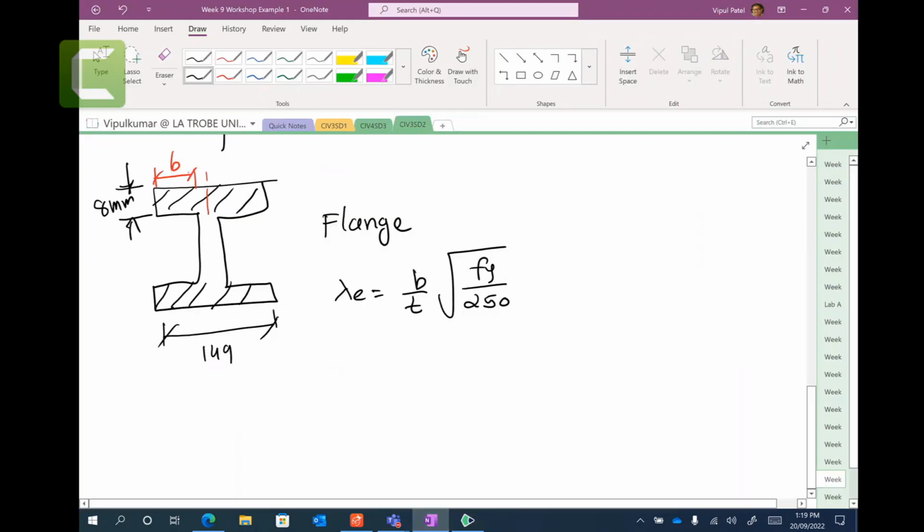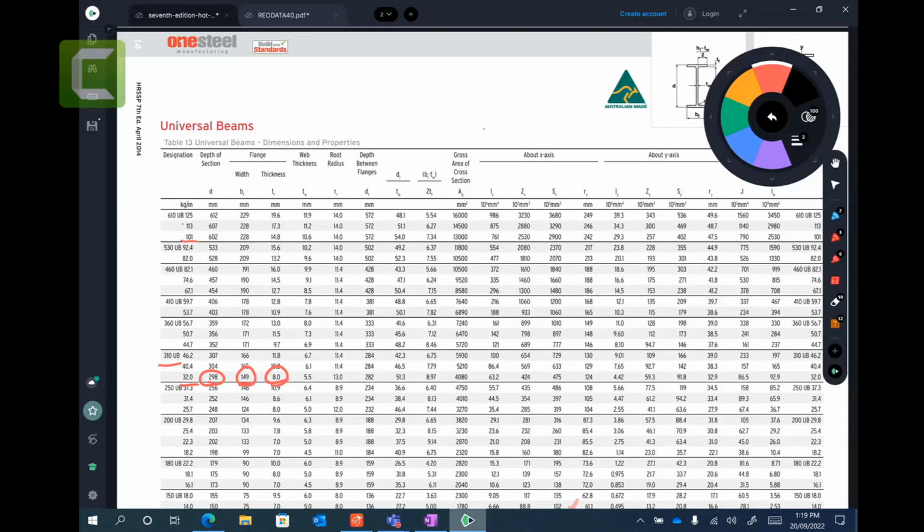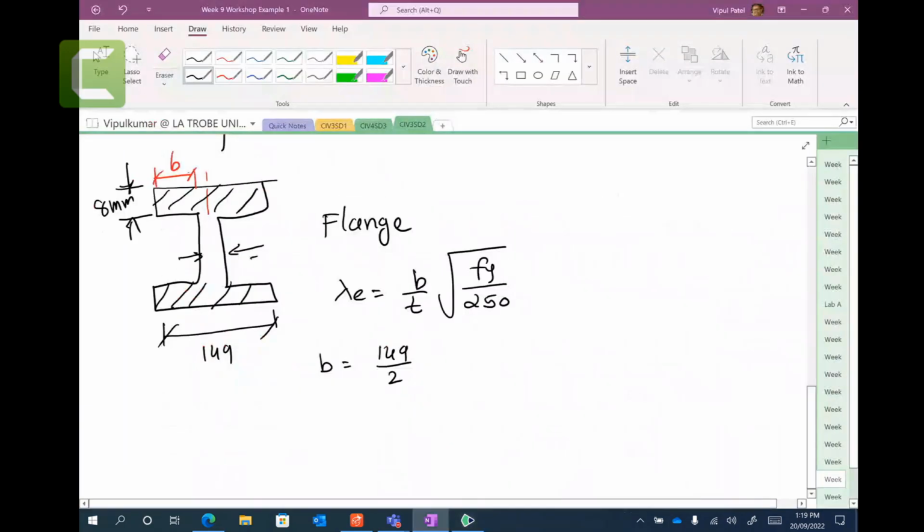So to calculate b, 149 take away the thickness of the web, 5.5, then divided by 2. Can you please use the calculators and tell me what is the answer? 149 minus 5.5, divided by 2.